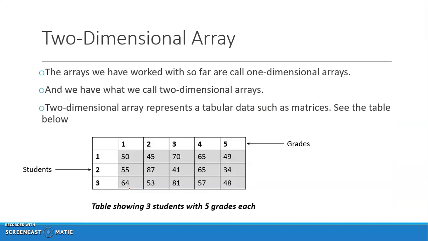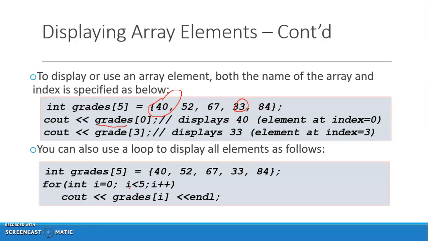There's also a two-dimensional array. The arrays we've been working with are one dimension. It's like a vector. We just have a list of values of the same type, which we want to manipulate, process, to do some operations on them as one unit.